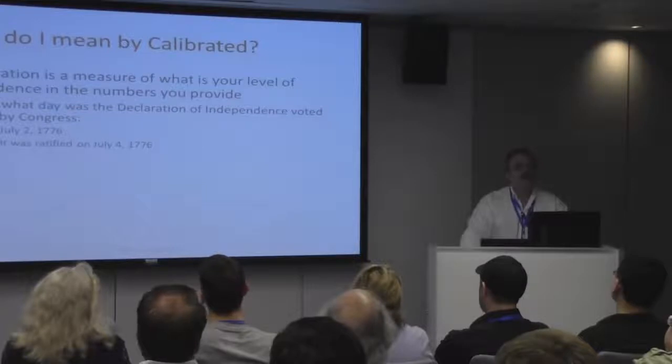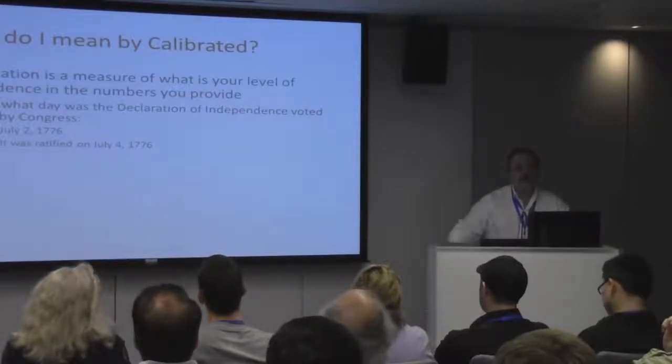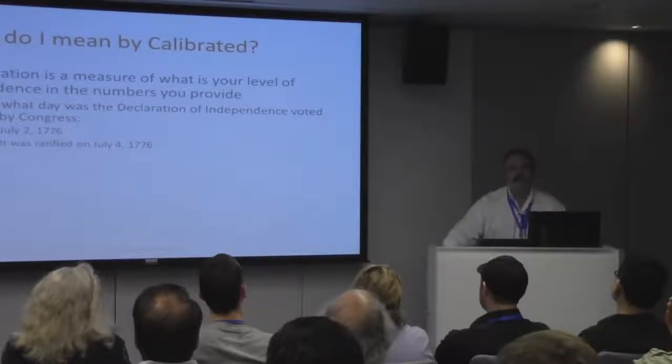Thank you, Jim. It was ratified on July 4th, which is the date that pretty much everybody knows. But the moment I threw the question in the air, everybody who thought they knew July 4th questioned their own knowledge. Well, what you should have done is said, okay, it could not have been later than July 4th, so I should probably pick a date between June 1st and July 4th. And I have now calibrated my answer.